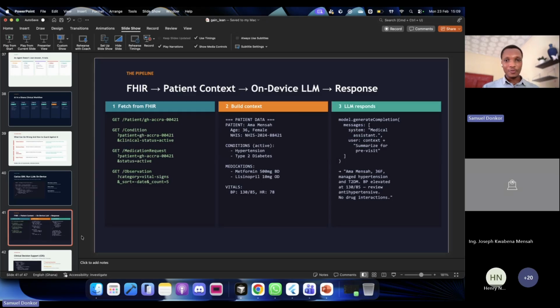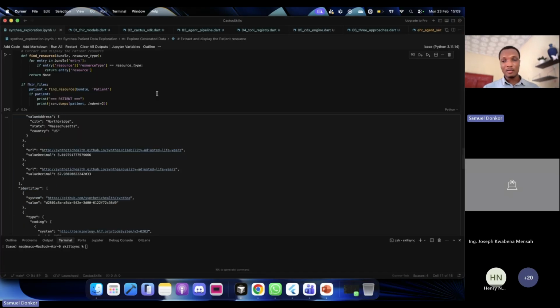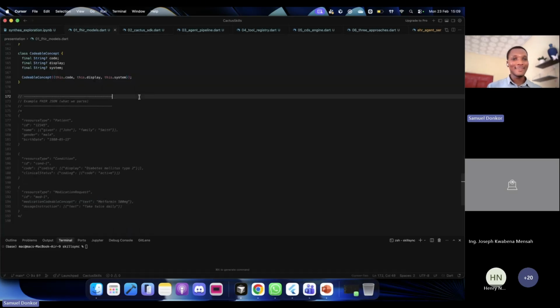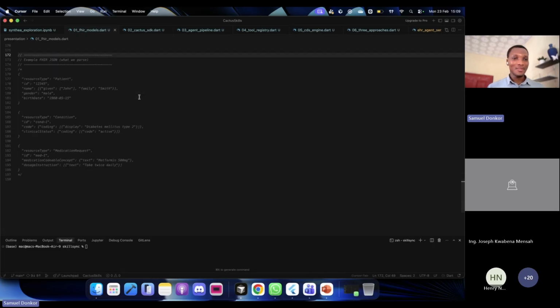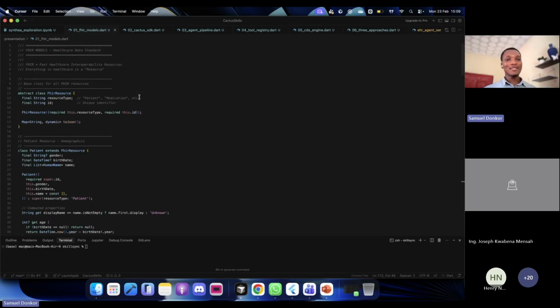Yeah, so very quickly, let's go through the code. What we want to do is, we said about FHIR, right? We said it's just a JSON, right? So we already created some simulated FHIR data, right?